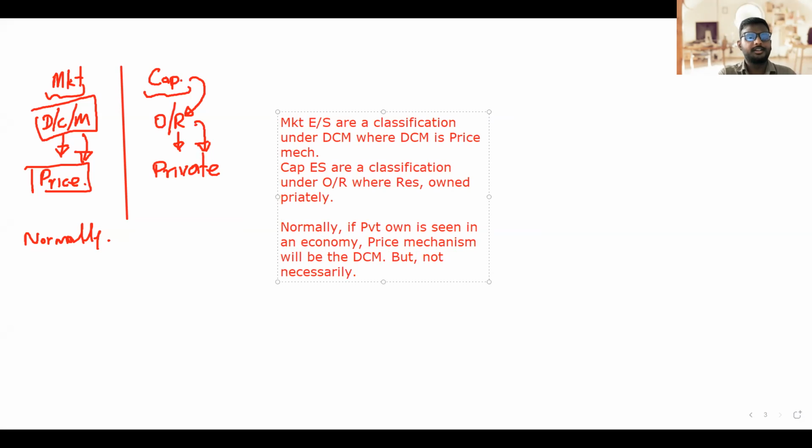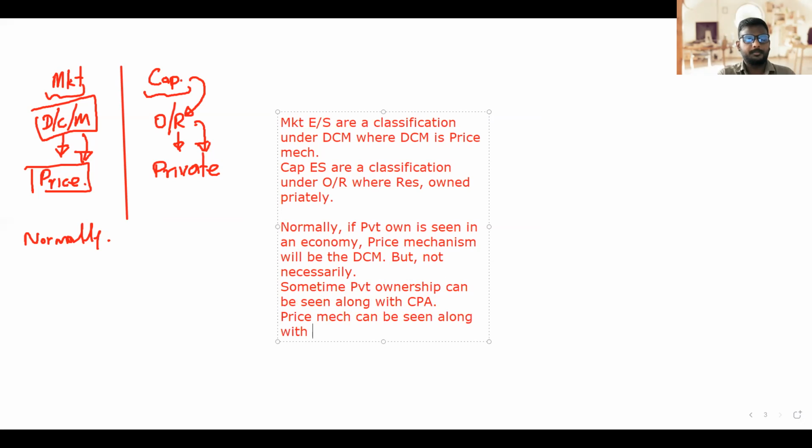Is this correct? Sometimes private ownership can be seen along with central planning authority. Price mechanism can be seen along with public ownership.